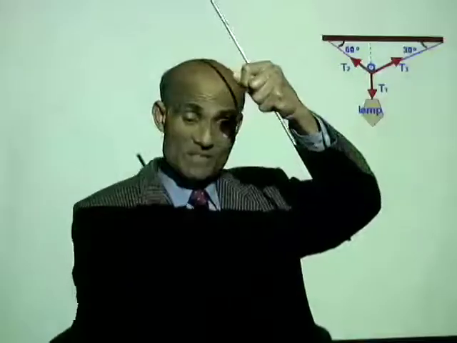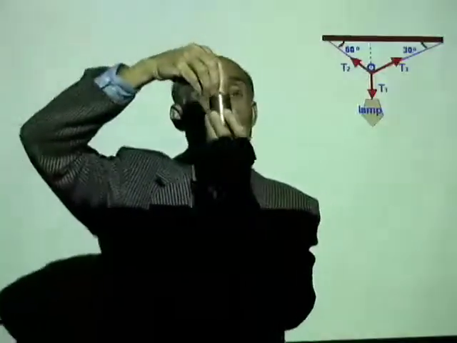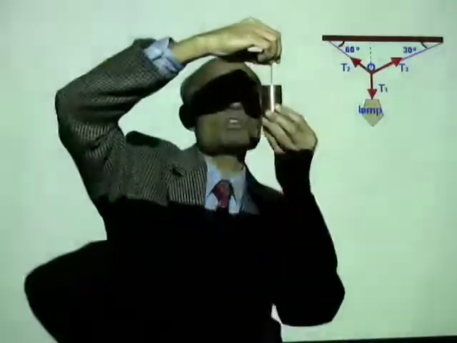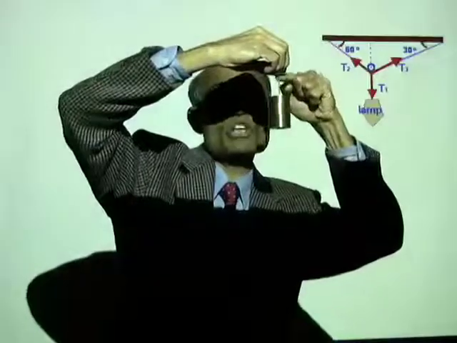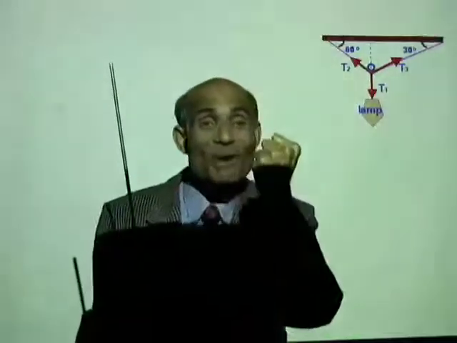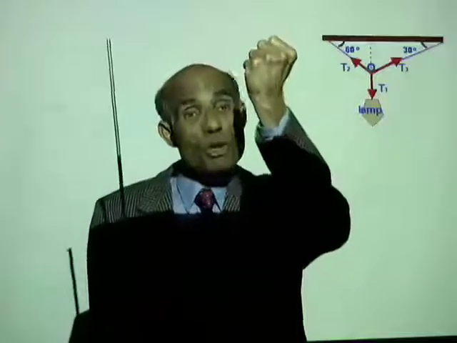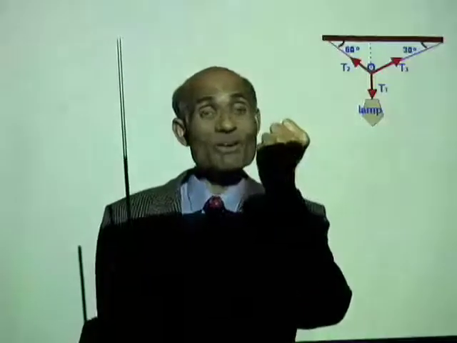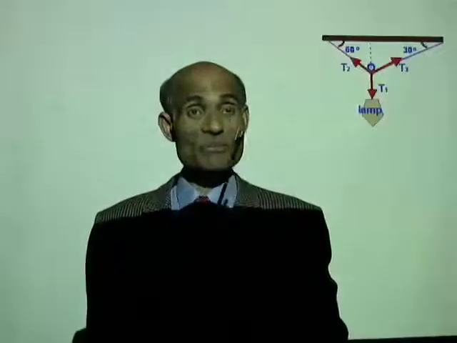That means that was supporting the lamp. When the cable is supporting the lamp, the tension on it is upward. But now when you consider the point O, the direction of the tension is downward. That tension is pulling the point O downward. Did you understand how arbitrarily I can change that direction?